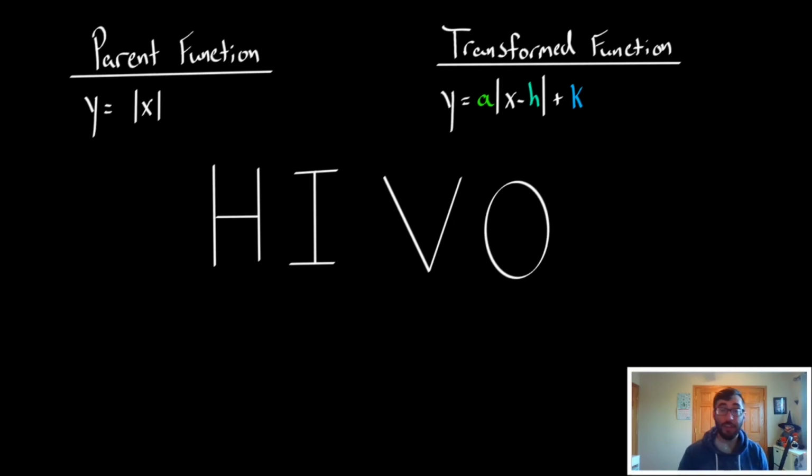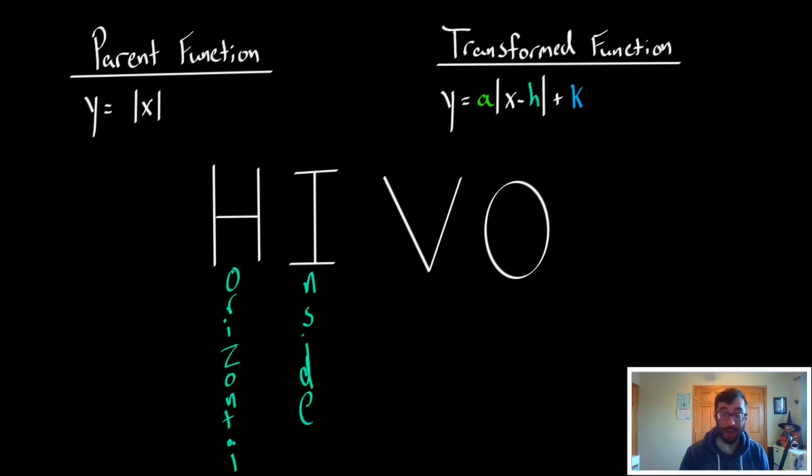HIVO helps me determine exactly what kind of transformation we are dealing with. Because as you can see, we moved horizontally when we added or subtracted inside the function. So all horizontal transformations are going to come from inside the function. So when I add, subtract, multiply, or divide inside the function, that is going to affect it horizontally, or the x-coordinate.